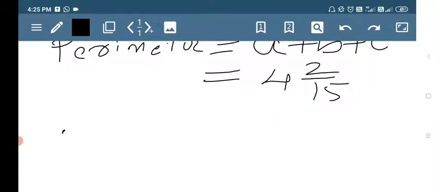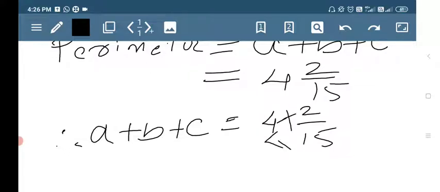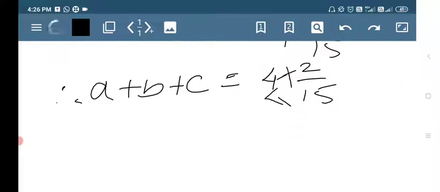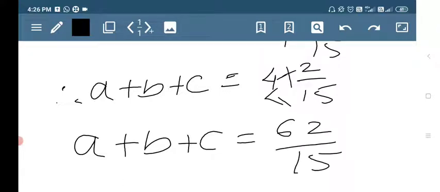So we can take it as A plus B plus C is equal to 4 2 by 15. Convert this mixed fraction into a fraction. 15 fours are 60, 60 plus 2 is 62. A plus B plus C is equal to 62 by 15.